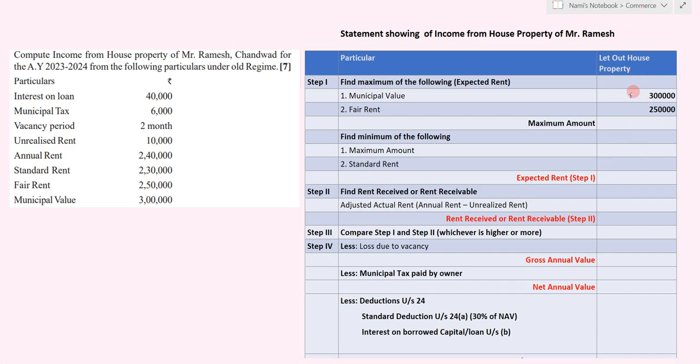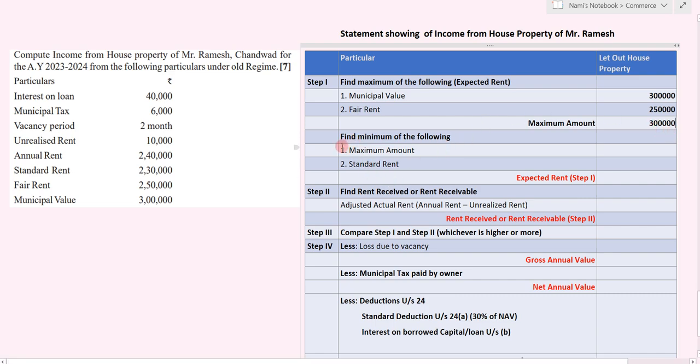Municipal value is 3 lakh, fair rent is 2 lakh 50,000. So the municipal value, 3 lakh, is the maximum amount. We will take that, so in the maximum amount, write 3 lakh rupees.